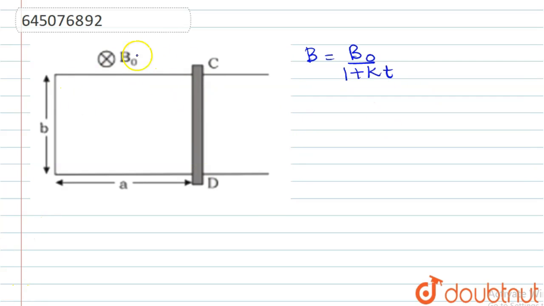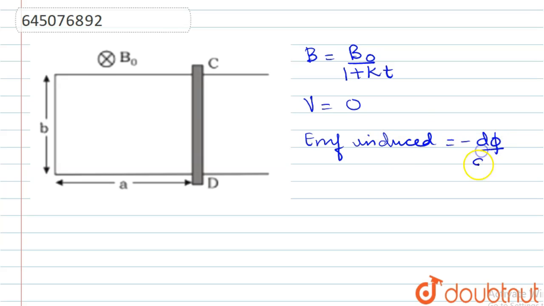As given in the question, the current flowing is 0, that means the net electric potential value will also be equal to 0. And we know that EMF induced in the frame is equal to minus d phi by dt, where phi is the flux.